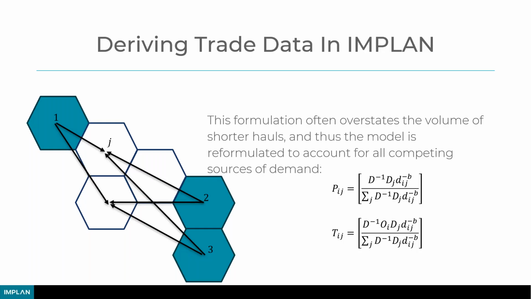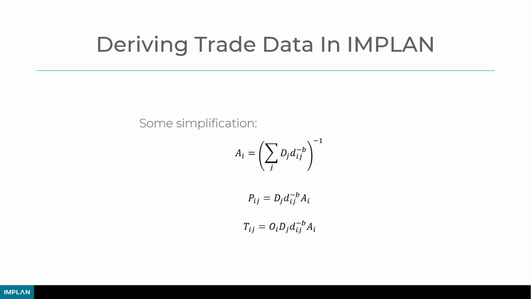And so we took the numerator on those equations and divided it by the sum of all trade in the economy. So in other words, this is helping to account for and mitigate those shorter hauls. So we're taking into account all of the shipping going on in this economy.